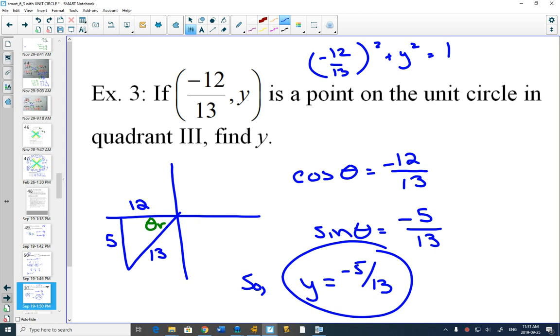And solve that, and you would get y is equal to plus or minus 5 over 13, but because it's in quadrant 3, you would choose negative 5 over 13. That has a little bit more work in it. If you can draw the triangle, I find that's often the quickest and easiest way to solve it. That doesn't mean there aren't other methods that you could use.